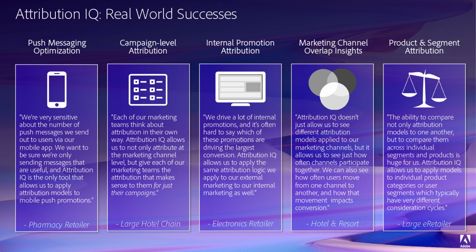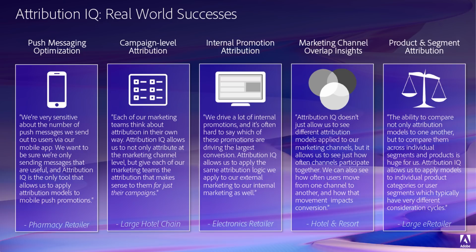So a few different real-world successes that we've seen, and you'll see a relatively common theme across all of them. The first is around how a pharmacy retailer was able to recognize not only the most recent push notification from their mobile app that was driving conversion, but how the different intermediate, helper, and initial push notifications were eventually helping to drive that conversion as well.